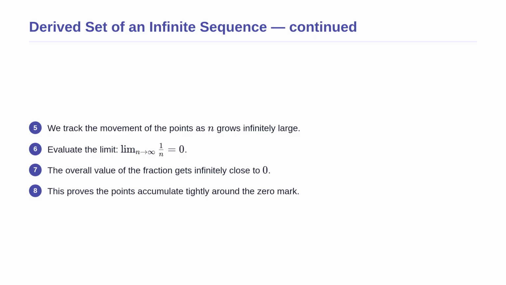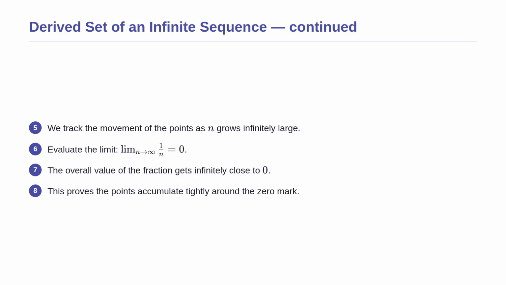We take the mathematical limit as n approaches infinity of 1 divided by n. The symbol representing infinity shows that we never stop increasing the denominator. As the bottom of the fraction explodes in size, the overall value of the fraction gets infinitely close to 0. This proves that the points are accumulating tightly around the 0 mark.